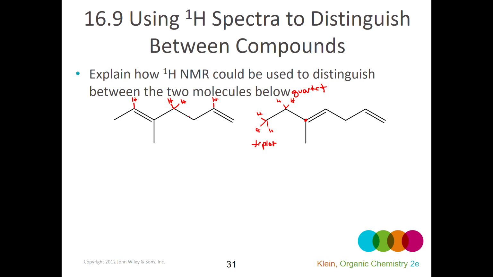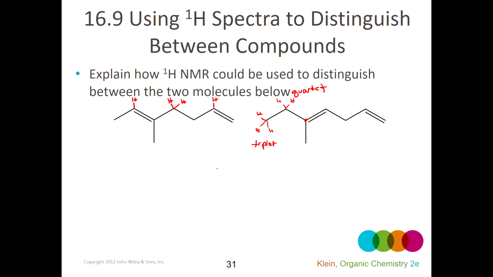I don't have that over here. I don't have an isolated CH2-CH3 group that would cause a triplet quartet to form with the same coupling constant. What else am I seeing here? 1, 2, 3, 4. Yeah, so that would probably be the biggest difference.